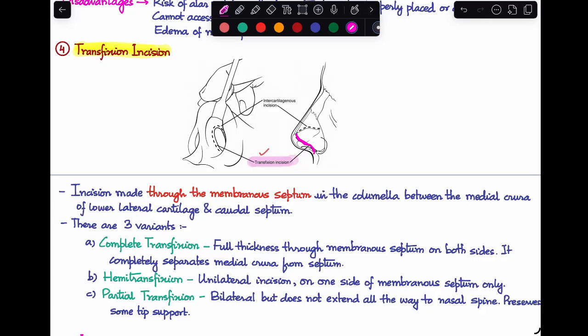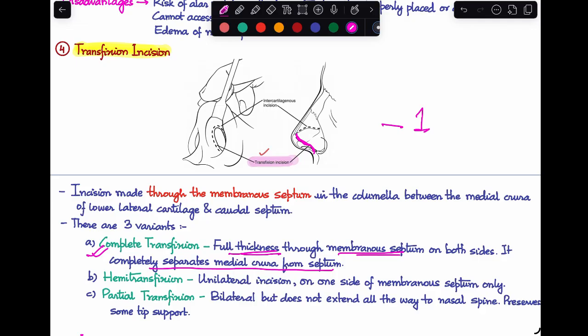There are three variants to this incision. First is a complete transfixion incision, meaning a full thickness incision, going through and through the membranous septum from one side to the other. It will completely separate the medial crura from the septum. Second is a hemitransfixion incision, meaning we give only a one-sided incision, on only one side of the membranous septum.